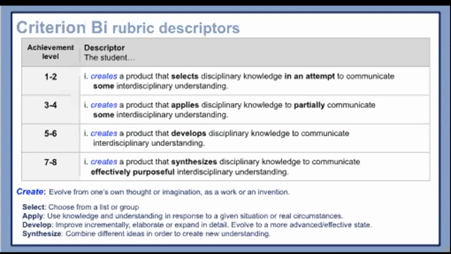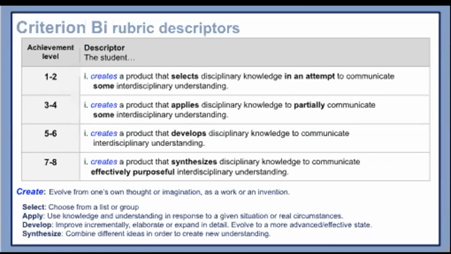So again, note that the bold terms differentiate the levels. Selects, applies, develops, synthesizes, all refer to the level at which students have used the disciplinary knowledge from both subjects in their product or outcome.